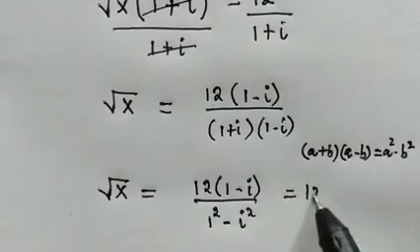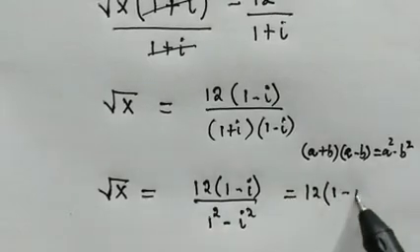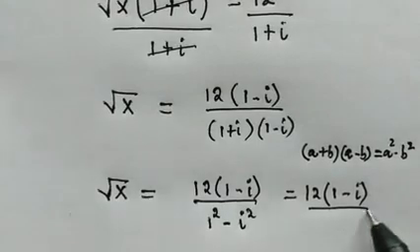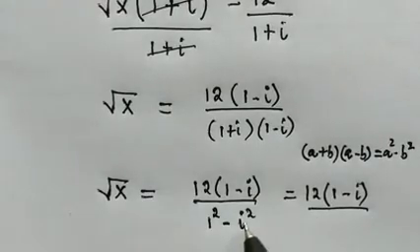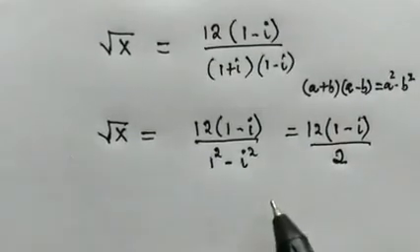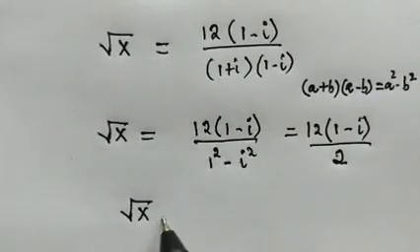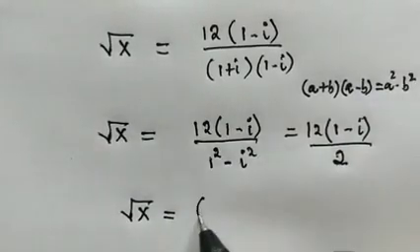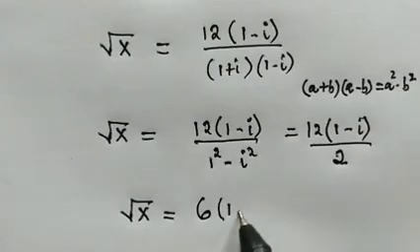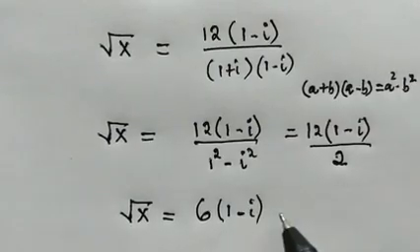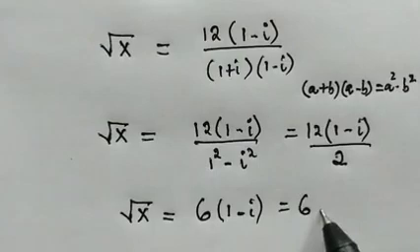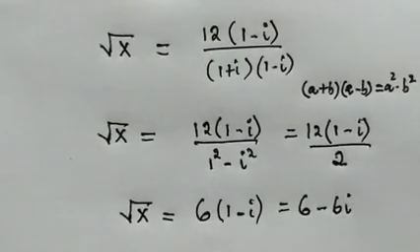So this will be equal to 12 into bracket 1 minus iota divided by, here we have 1, iota squared is negative 1, so we have 1 minus minus 1, which is 1 plus 1, which is 2. Dividing this, 12 divided by 2 is 6. So we have here the square root of x is equal to 6 into bracket 1 minus iota, which is equal to 6 minus 6 iota.